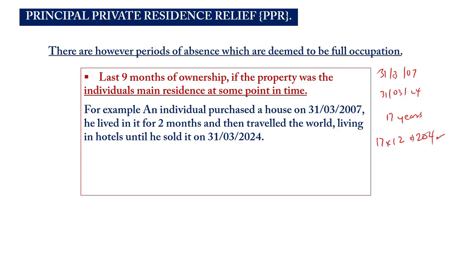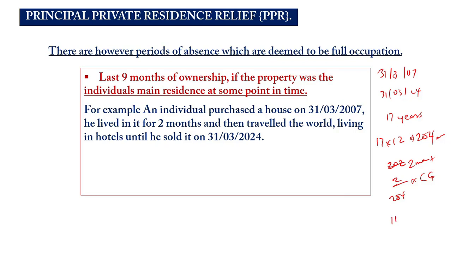Meanwhile, he only lived in it for 2 months. So ideally, only 2 months will be allowed the relief. So it would have been 2 divided by 204 times the capital gains that we will calculate. That will be the only relief that will be given. But yet they are saying that the last 9 months, in addition to the 2 months that he actually occupied it, will be added.